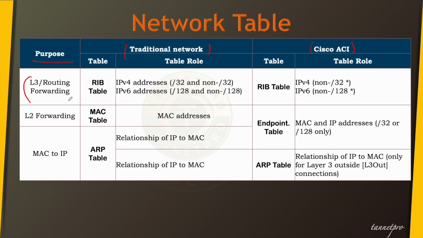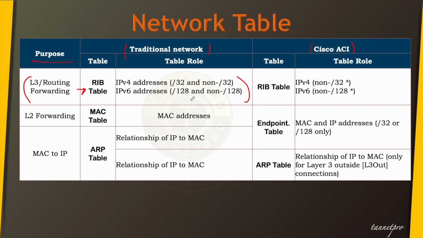So here, for L3 routing forwarding in a traditional network, we use a RIB table, and we maintain /32 and non-/32 IP addresses in the routing table, or RIB table rather.